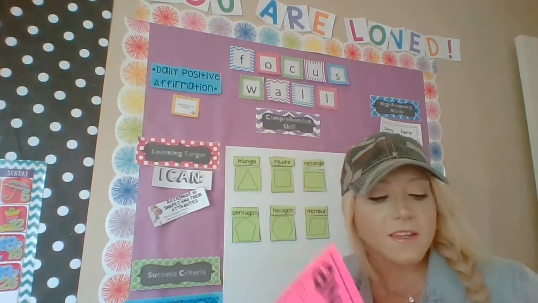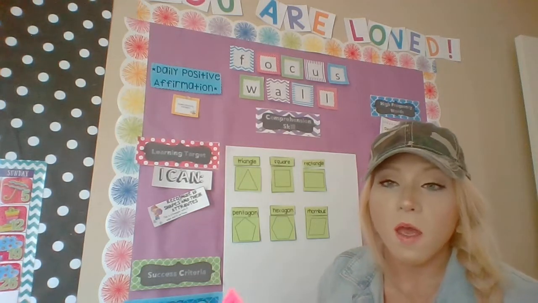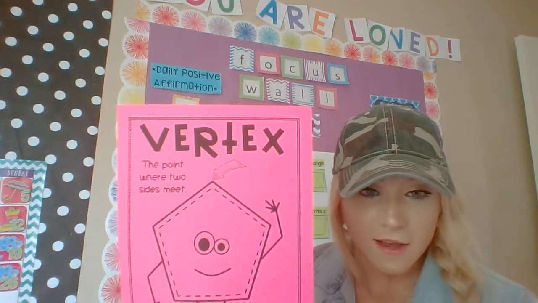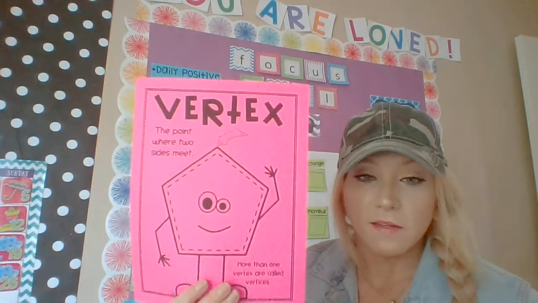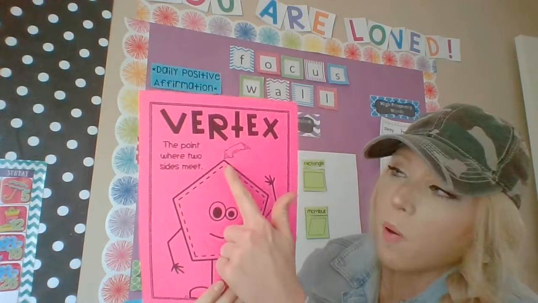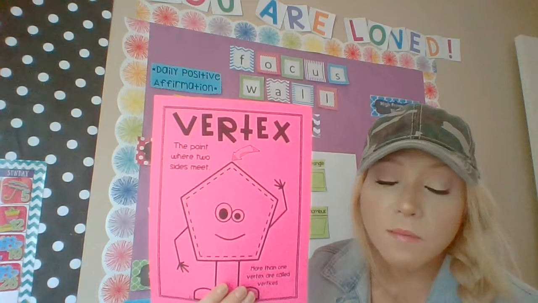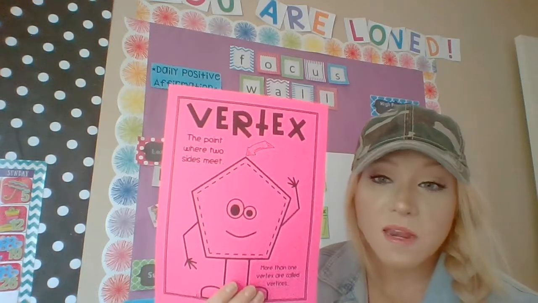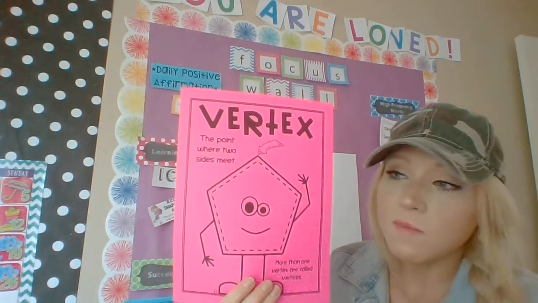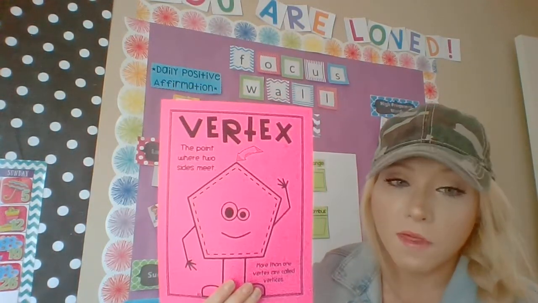Fabulous. The last math vocab word we're going to go over today is the word vertex. Everybody say vertex. Excellent. A vertex is just a fancy way to say the point where two sides meet. A lot of times kids get this confused with an angle. They're two different things. Sometimes you count in the same spot, but they're two different things.